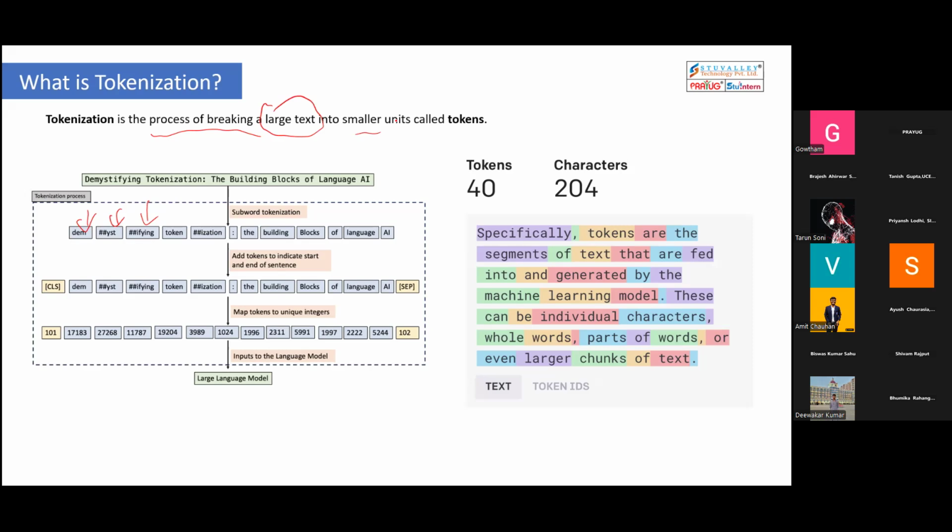Small unit, in the sense you might be thinking that if I have any sentence or line, I am breaking it word by word. Is this what you're assuming? No, not exactly.